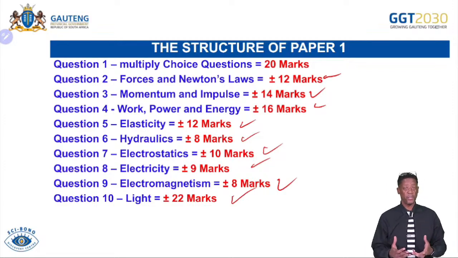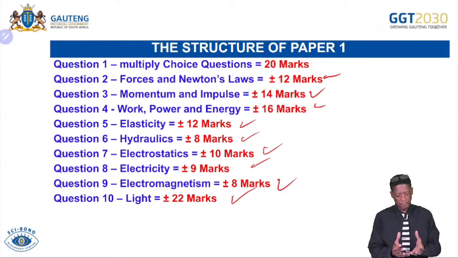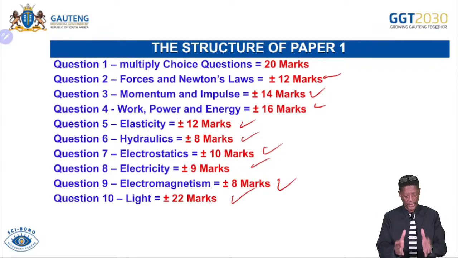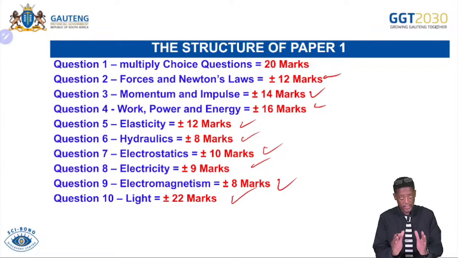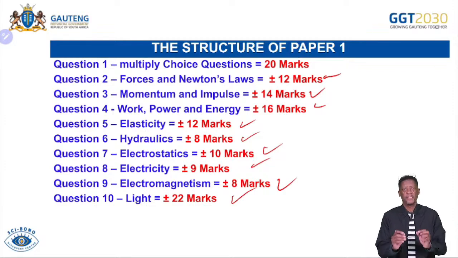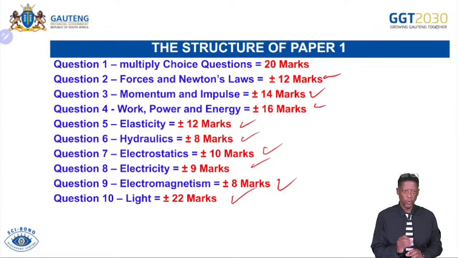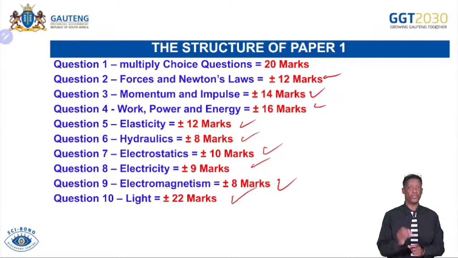Those are easy marks to grab. This is the structure that we must look at. As you are studying and sitting down, take this structure and strategize as to where you would get more marks. Look at where the marks are, then you strategize.